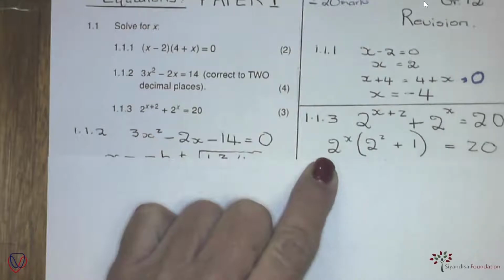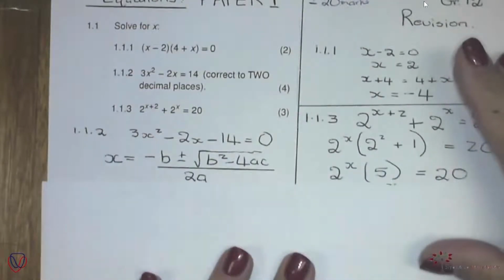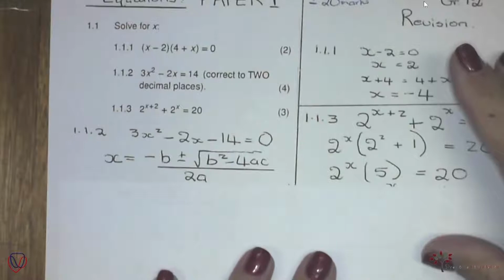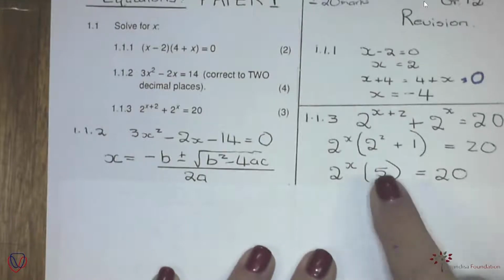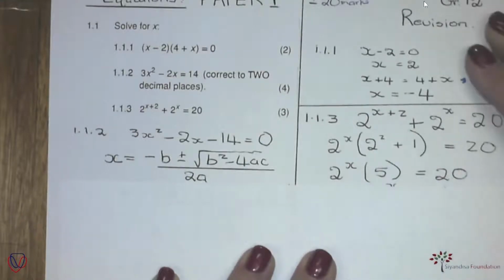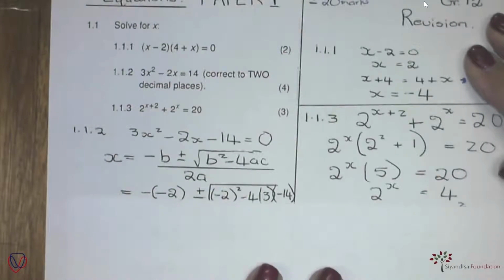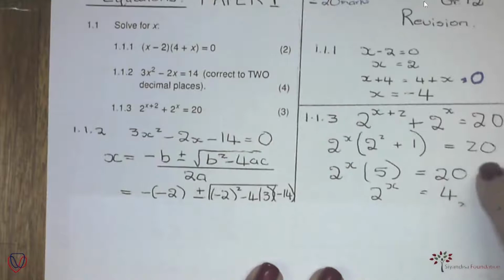So let's see whether we are going to get to that. This is going to be 2 to the power 2 plus 1, that gives me 5. So I'm going to divide by that 5 on both sides. And in the end, I will have 2 to the x is equal to 4.